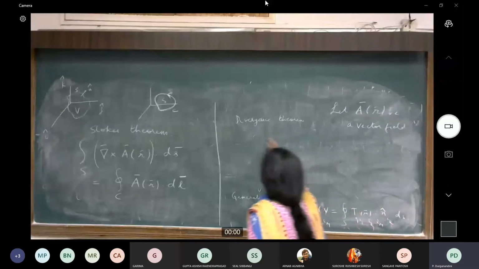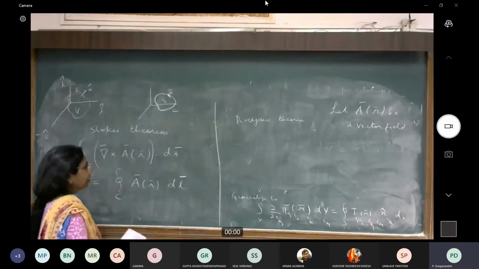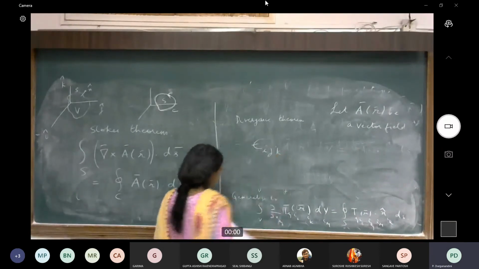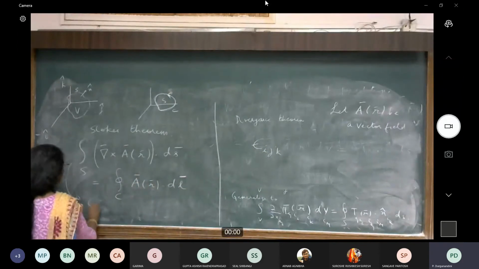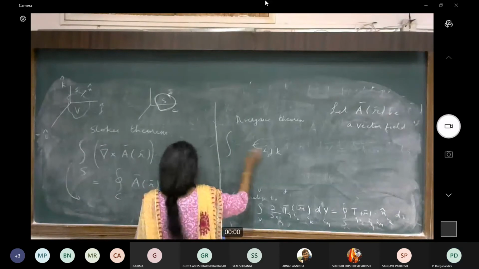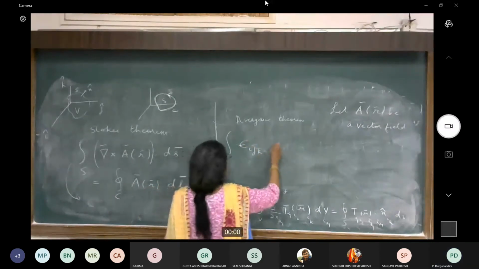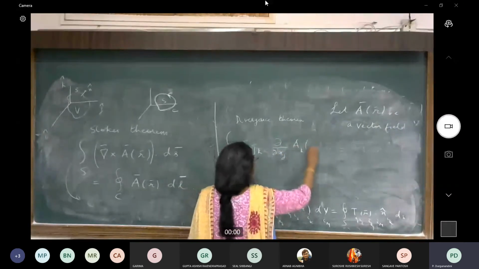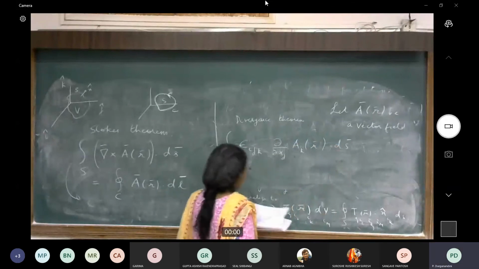I have a cross product here, so again using our cross product notation, this particular thing can be written as epsilon ijk del by del xk Ak of r times dS.